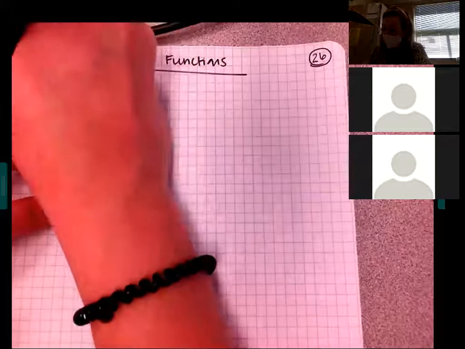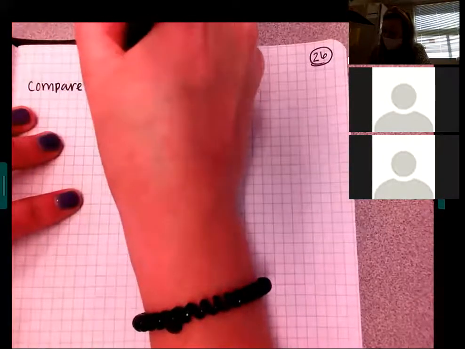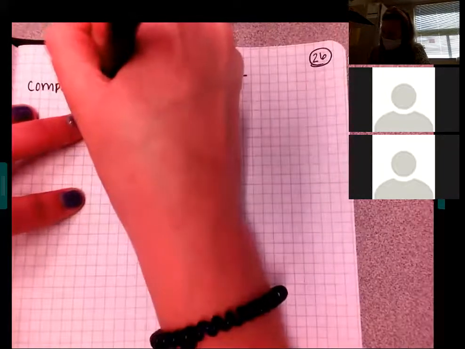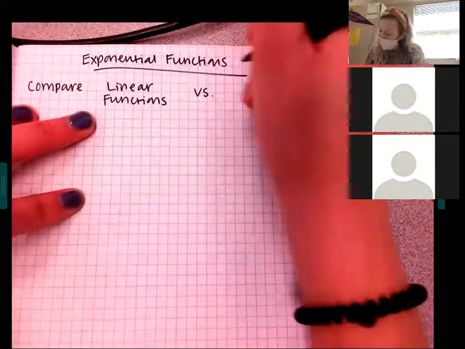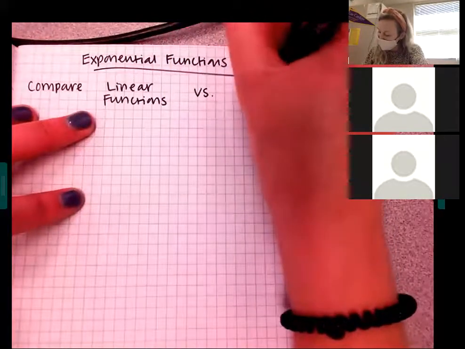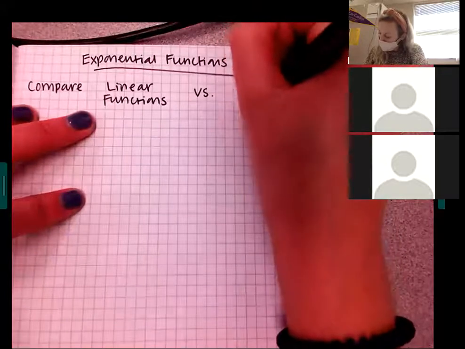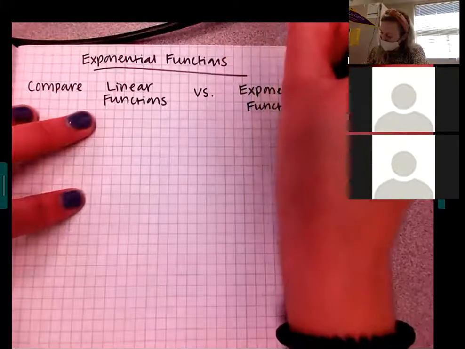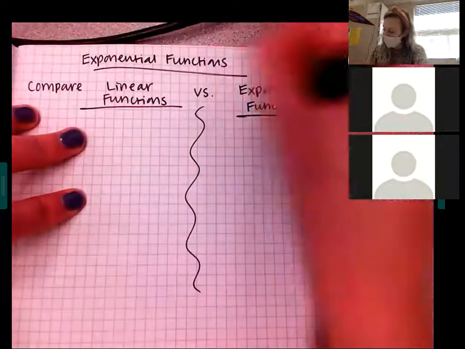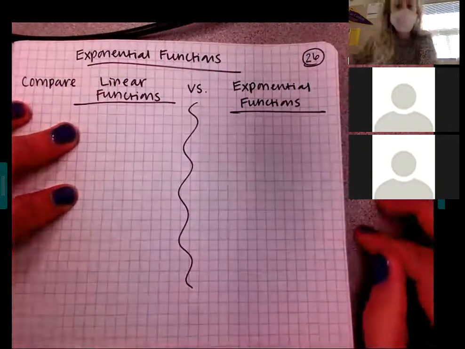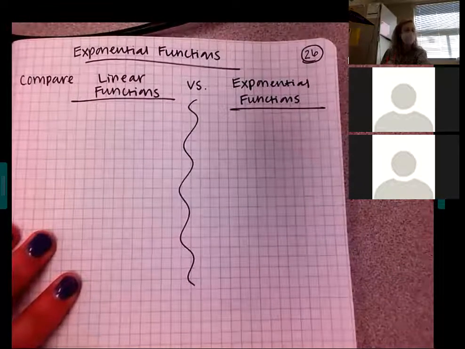We're going to compare linear functions versus exponential functions. We're going to make a little chart and we're going to compare linear versus exponential. I want y'all to copy that chart down and we're going to start comparing.